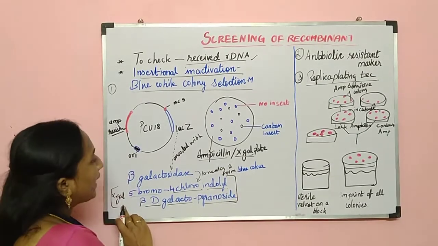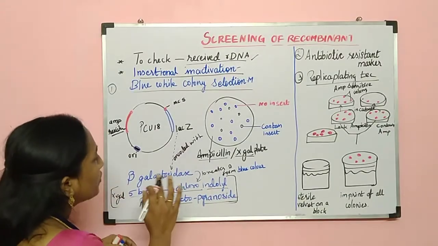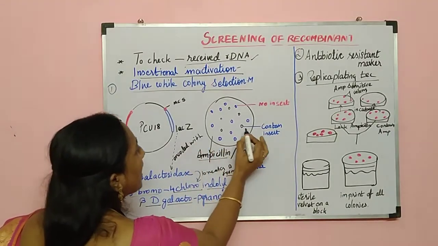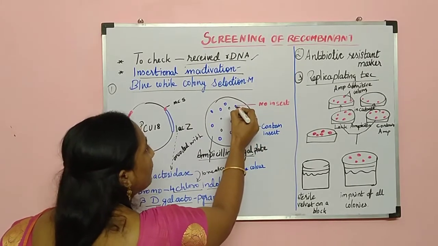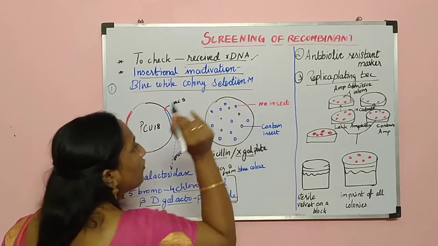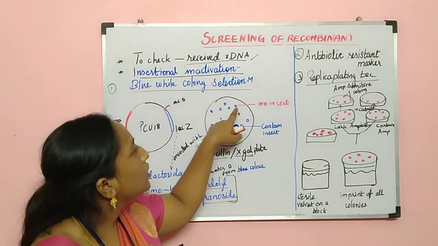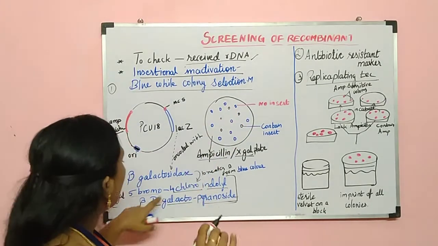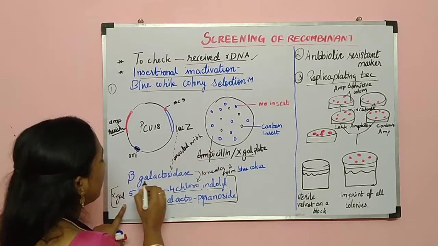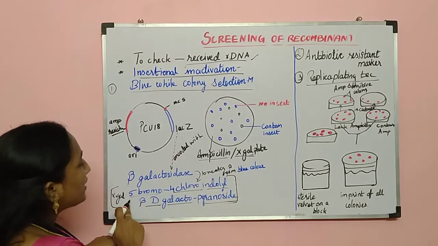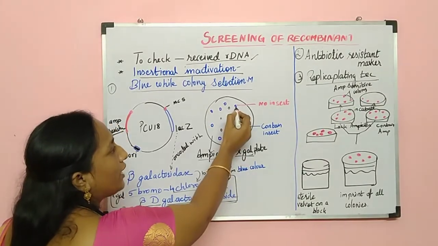Suppose the cell does not have the foreign DNA, then it is active with X-gal. So this beta galactosidase breaks the X-gal and forms the blue color in the absence of the foreign DNA.